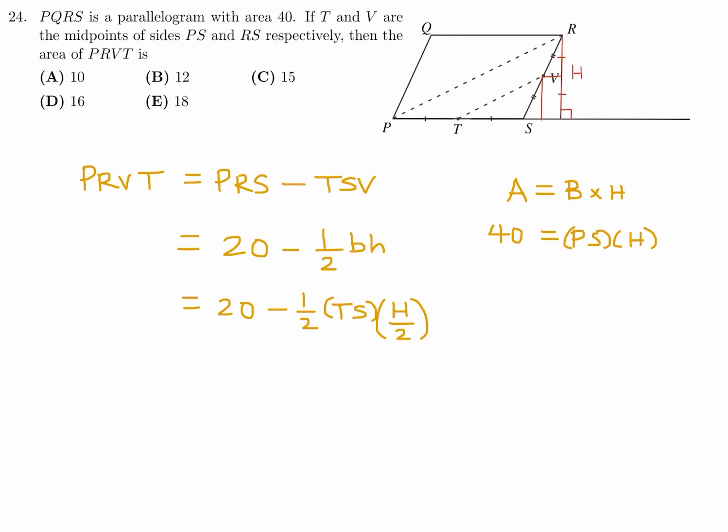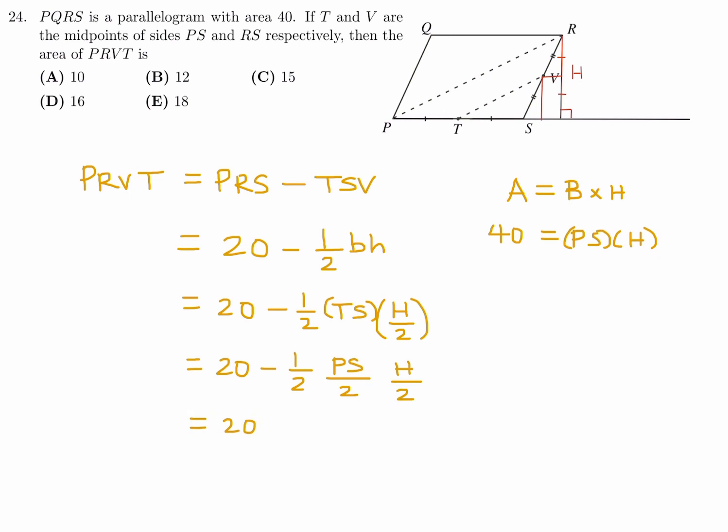All right, so now we got 20 minus a half. TS now, what's TS? Well, TS is half of PS because T is the midpoint. So this becomes PS over 2, and this is H over 2.